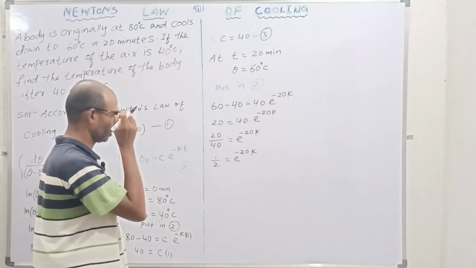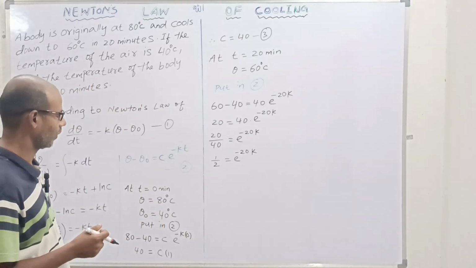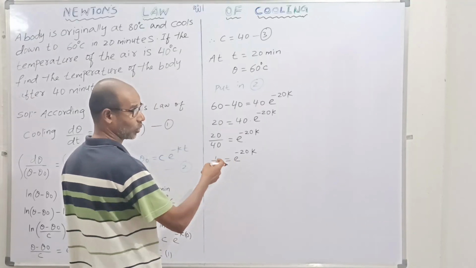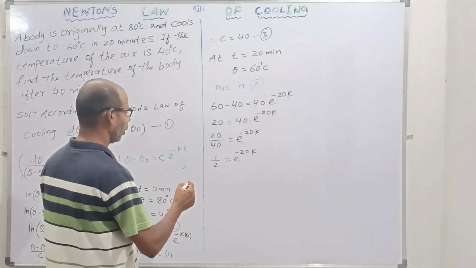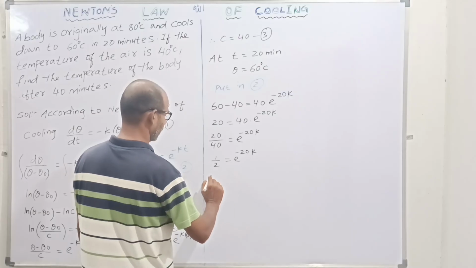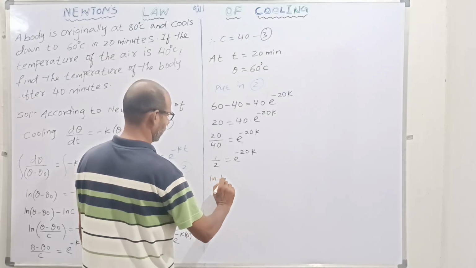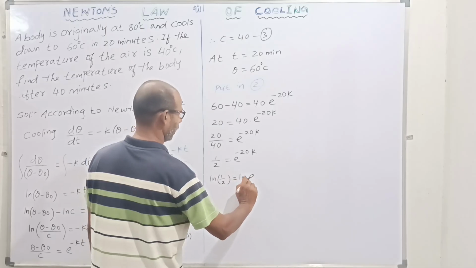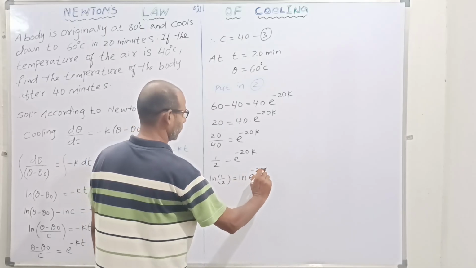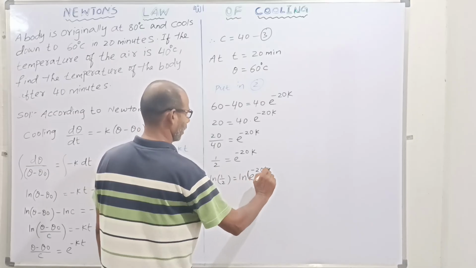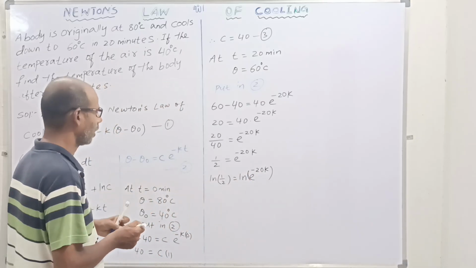Now we have to find out the value of k here. So what we will do, we take ln on both sides. This is an exponential function, we will convert it to a logarithmic function. So take ln on both sides. ln of 1 by 2 is equal to ln of e to the power minus 20k, right?